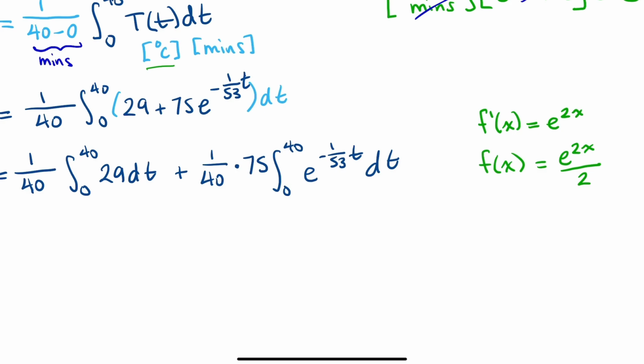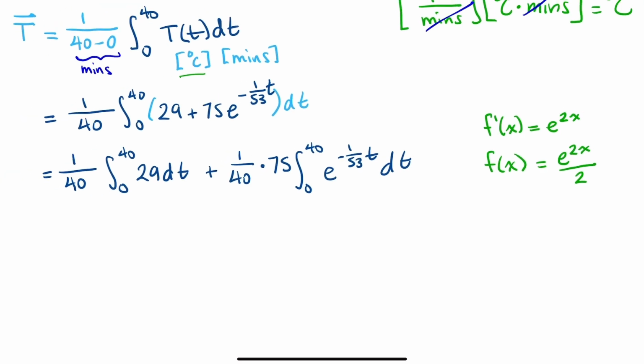And why would I divide by 2? It's because if you take the derivative of e to the 2x, you're going to get 2 multiplied by e to the 2x. But in this equation, we don't have a 2 in front. So in order to get rid of that 2, we need to divide by 2. So in here as well, we're going to apply the same logic.